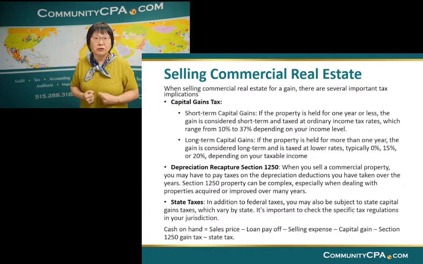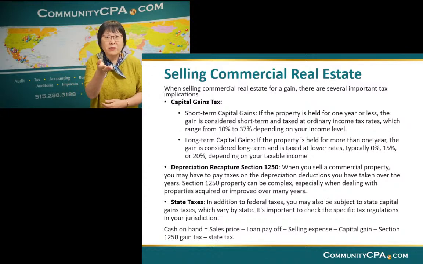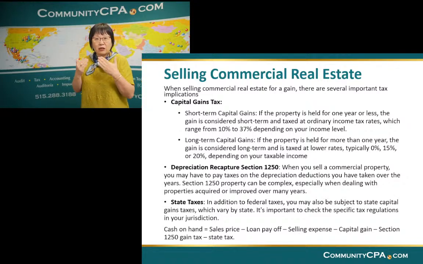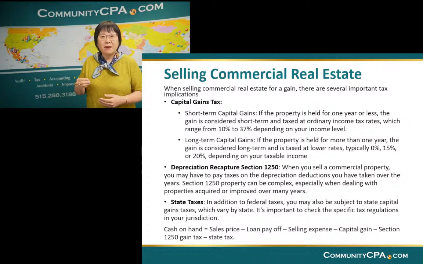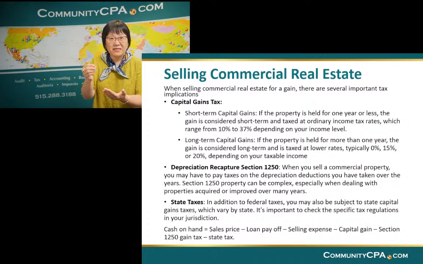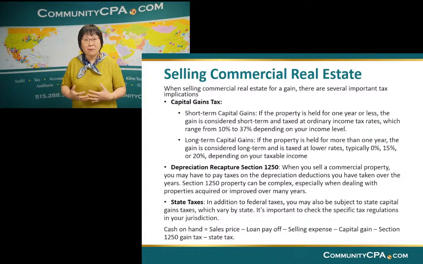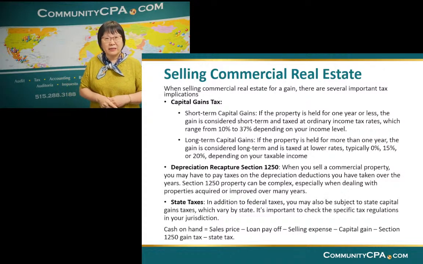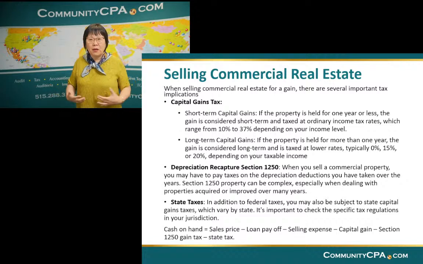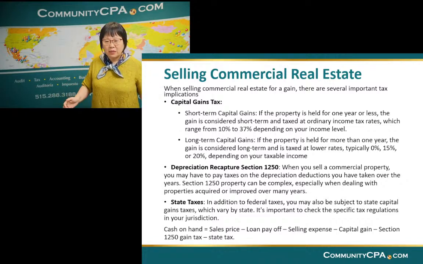And if it is long-term capital gain, of course, it means the property is held for more than 1 year, and the gain is considered long-term, taxed at a lower rate, typically 0, 15, 20, depending on your taxable income. So the maximum is what? 20%. All right. So that's the capital gain. So it doesn't have the exclusion anymore, right? Because it's commercial, because you are renting it out. So it's not your primary residence.